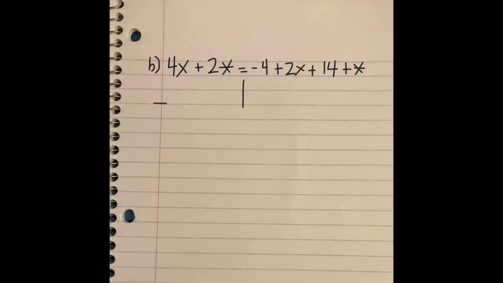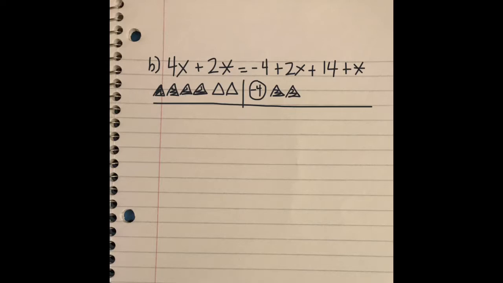I'm going to make my scale, and I'm going to start with my 4 x's. Those are regular x's. And my 2 stars. Then on the right, I've got a -4, so I've got to put that into a circle. 2 x's and a positive 14, so it goes into a rectangle, and a star.